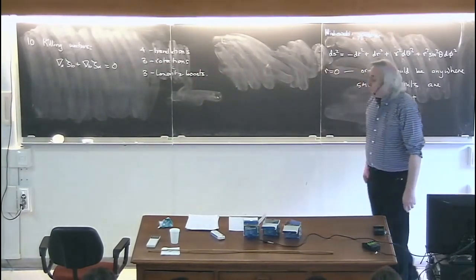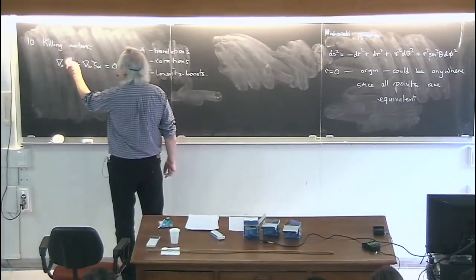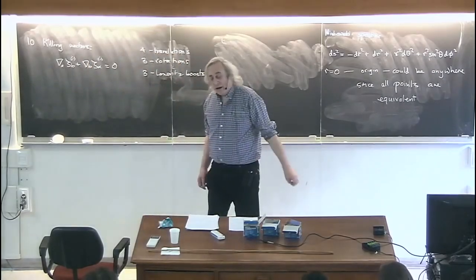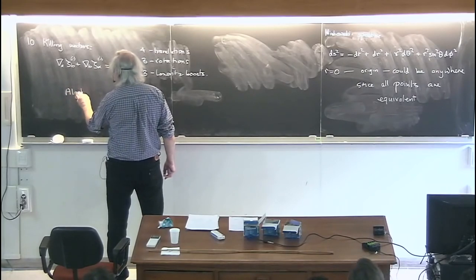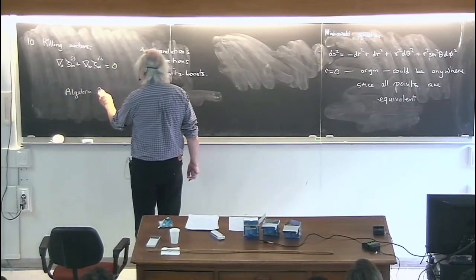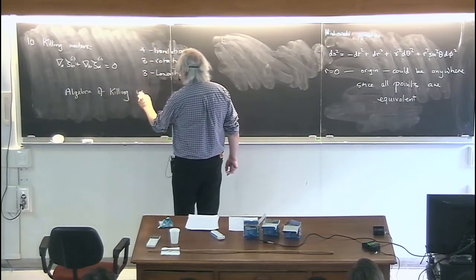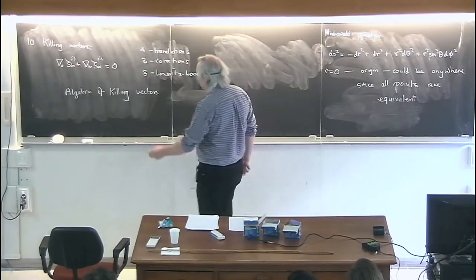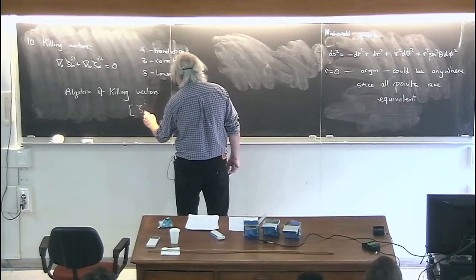If you take these Killing vector fields, of course there will be 10 of them, let's call these psi I, and you looked at the algebra of these Killing vectors, that is to say, you would take the commutator of these things.